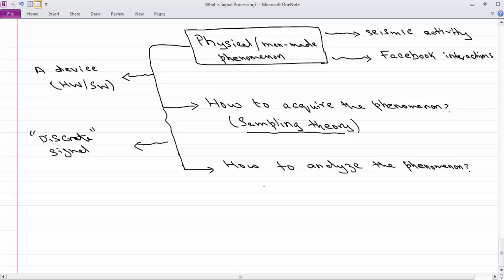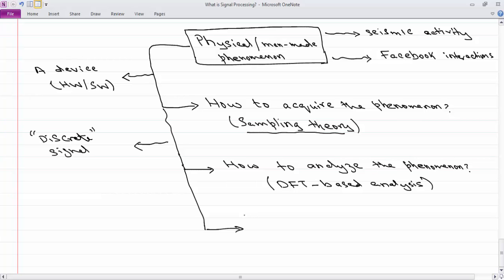Based upon the area that you are working on, there are many ways you can do the analysis. In this class, we will look at what is called discrete Fourier transform. We'll look at DFT-based analysis or processing. So that could be one thing, or you could also be interested in not only just analysis, but also some manipulation of the signal.